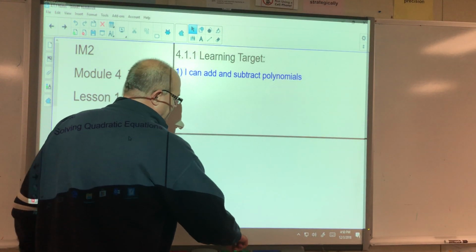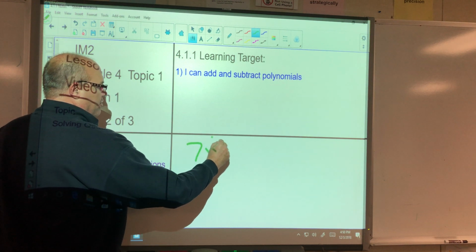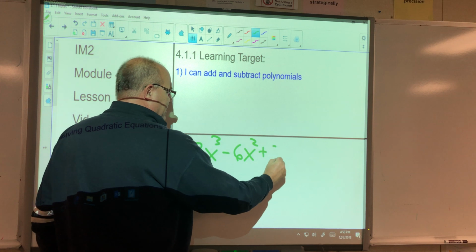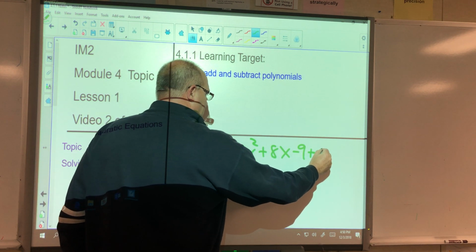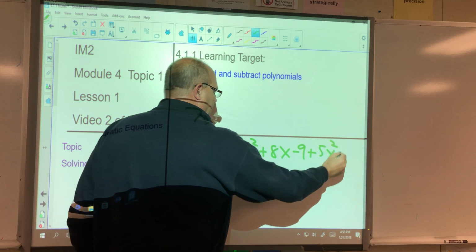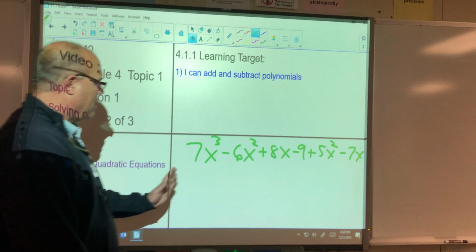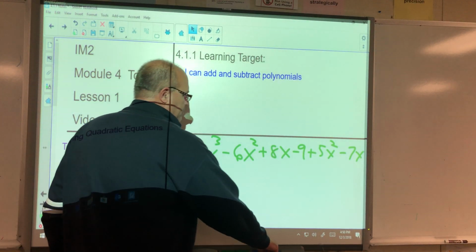So our first example is 7x to the third minus 6x squared plus 8x minus 9 plus 5x squared minus 7x. All right, we have a long polynomial here. What we need to do is just think combine like terms.